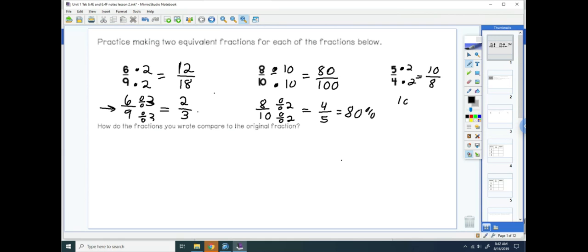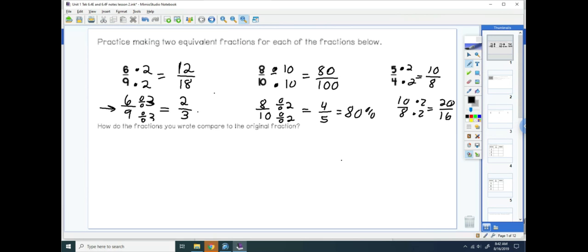I can also take 10 out of 8 and multiply that by 2 again, and make that 20 out of 16. And that's still equivalent. This is considered an improper fraction. Generally we leave them improper, but I will show you how to make them mixed fractions.